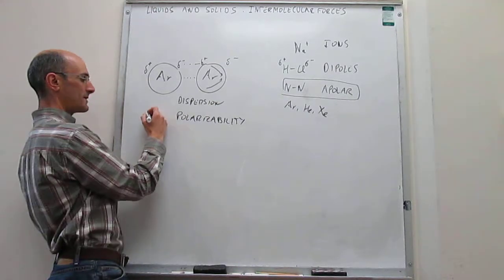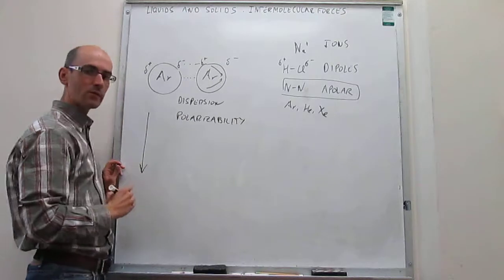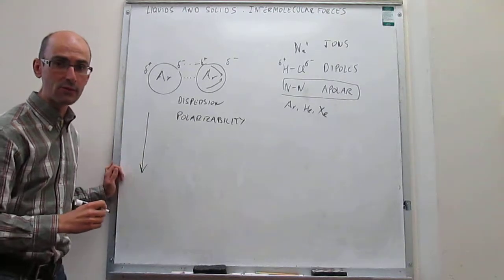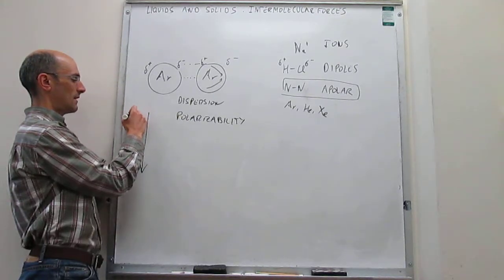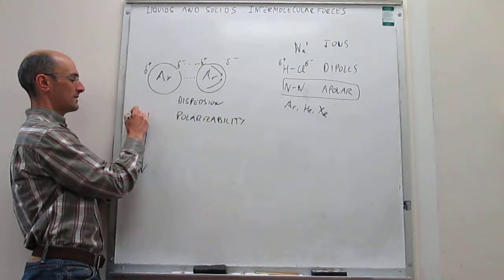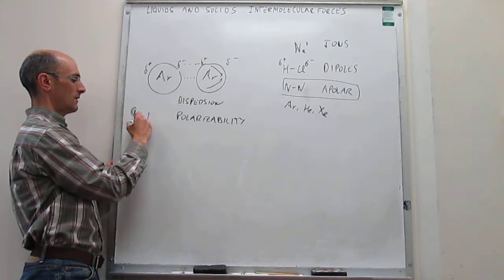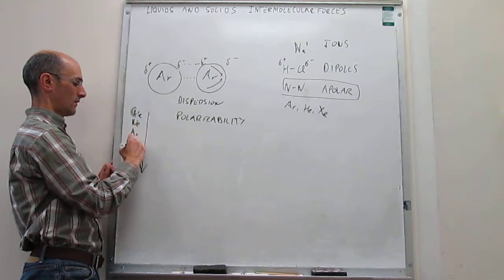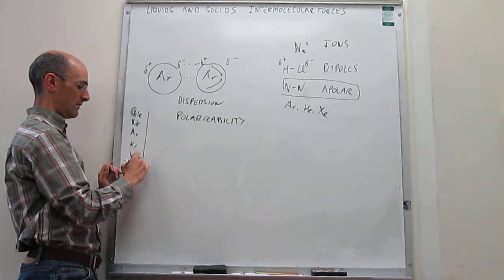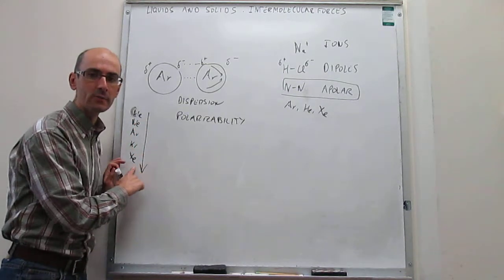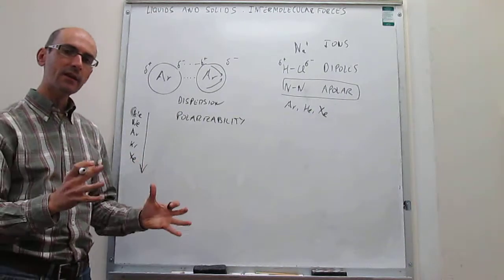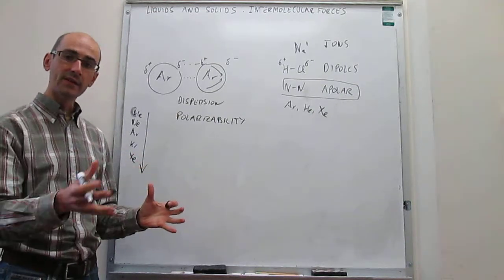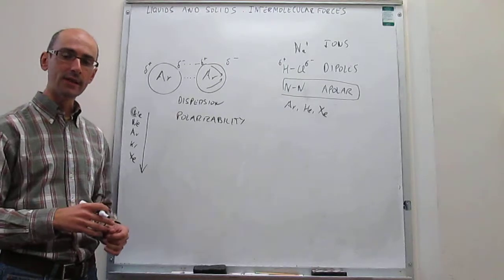It turns out the polarizability grows as you go down the periodic table. If you look at the rare gases, you have helium, neon, argon, krypton, and xenon. Xenon is the most polarizable of them all. It has a very large electronic cloud that is very diffuse and can be polarized relatively easily.